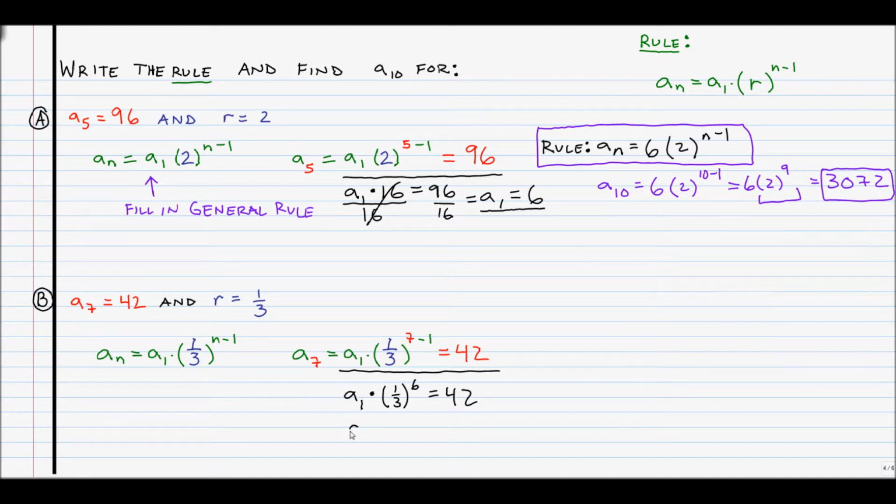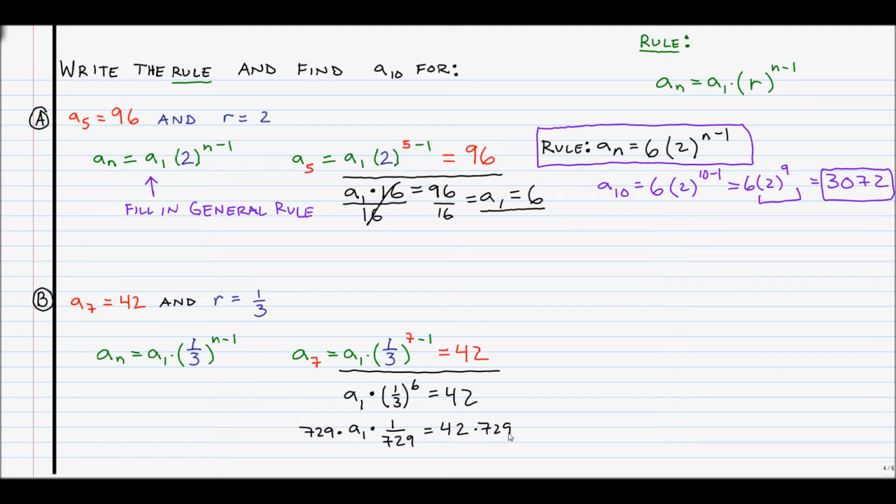So this guy is a sub 1 times 1 over 729, and it's all equal to 42. Now what I want to figure out is a sub 1, the first term in the sequence. To solve this, I could divide by 1 over 729, but that just looks ugly. Instead, I'm going to multiply both sides by 729. Why not?